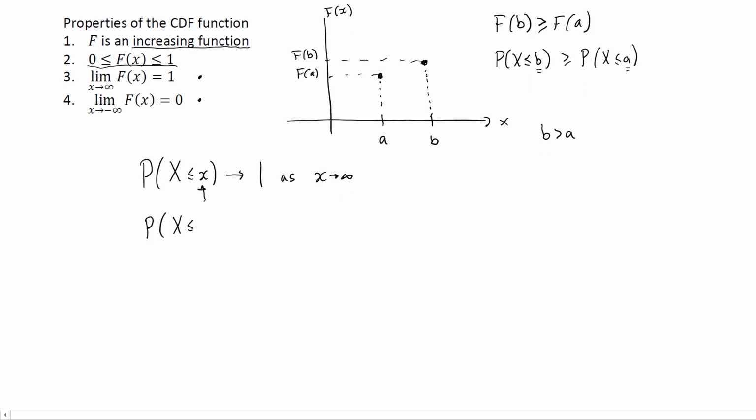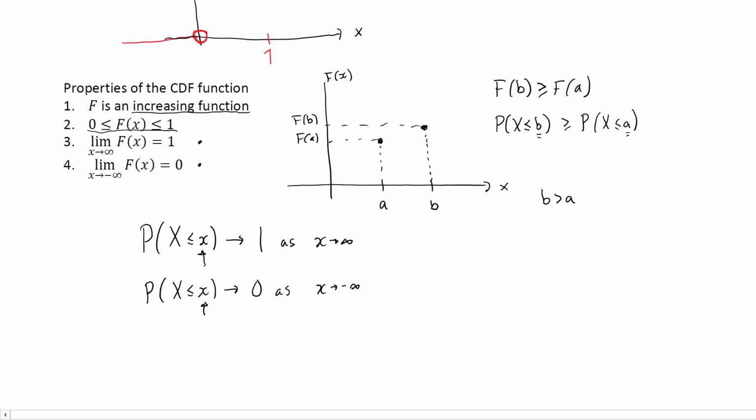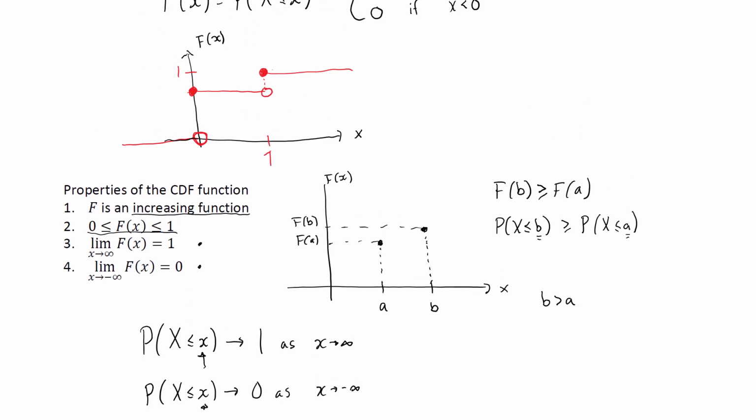And again, that just says this must converge to 0 as x goes to minus infinity. When lowercase x converges to minus infinity, then the event X less than or equal to x contains hardly any outcome, so this probability must converge to 0. Again, we can see that our example does satisfy properties 3 and 4. It converges to 1 when x goes to infinity, and it converges to 0 when x goes to minus infinity.